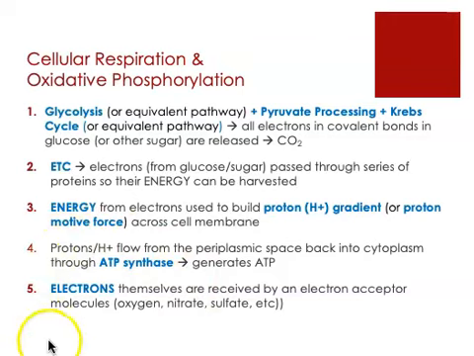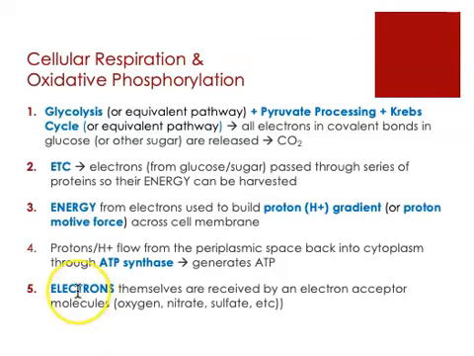The electrons themselves, the physical electron itself, still exists though. Remember, we took the energy out of them in the electron transport chain, but we still have the particles themselves to deal with. We can't forget about them. They need to go somewhere.